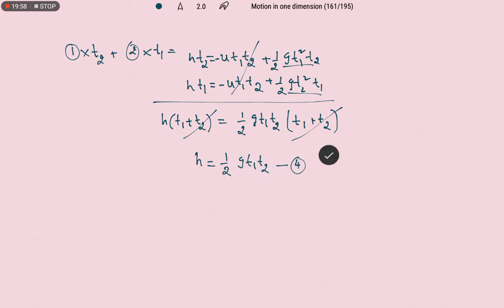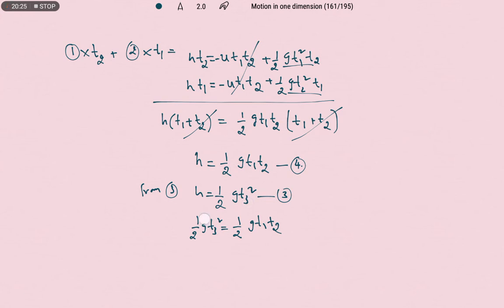But we already have from 3, h is equal to half g t3 square. Now we equate these two and compare equation number 4 and 3: in the place of t3 square we have t1 t2, therefore t3 square is equal to t1 t2.